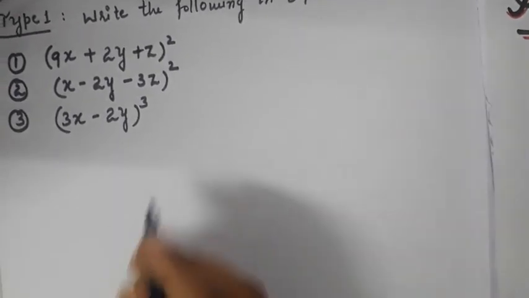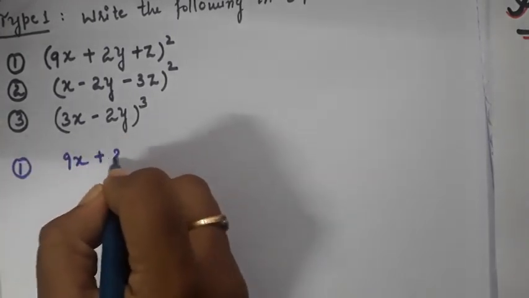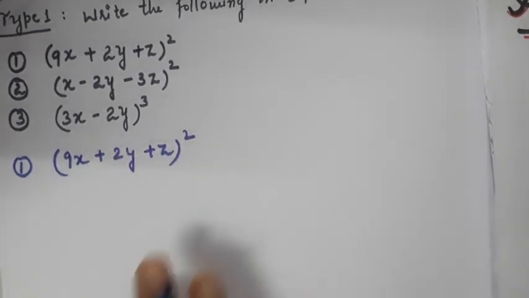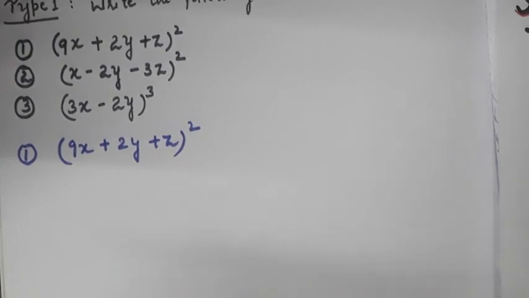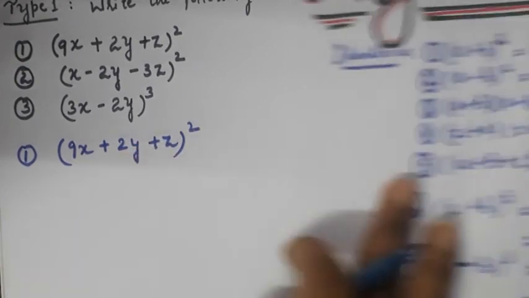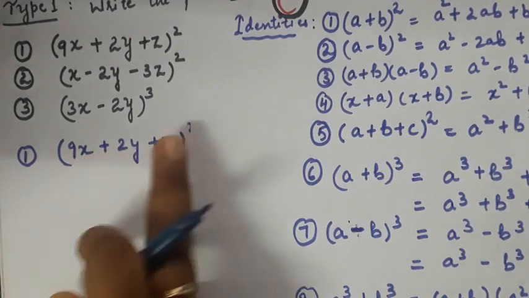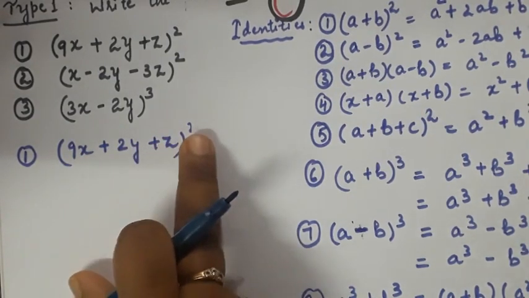So here we go for the first, that is 9x plus 2y plus z whole square. Now try to apply one identity here. We need to relate this question with an identity. So here are the identities. Now try to relate. See, three terms are there, 9x plus 2y plus z, and whole square it is.